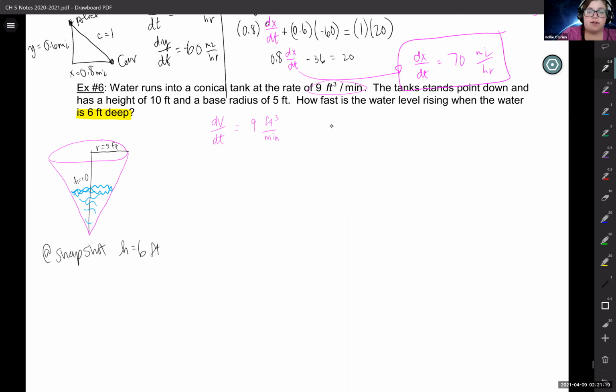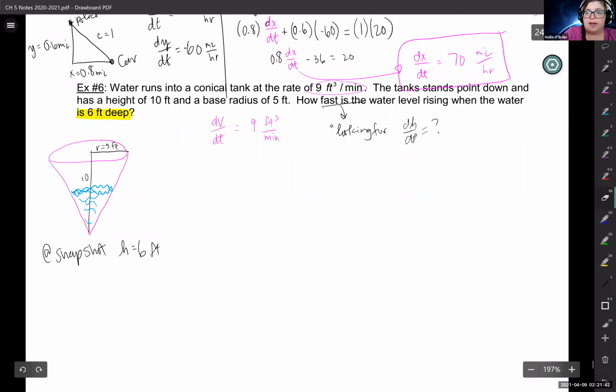Okay. How fast is the water level rising when the water is 6 foot deep? So what we're looking for, I'm going to write that out, is dH/dt. How fast is the water level rising? I don't like how I put H equals 10 here. Well, but it is height.